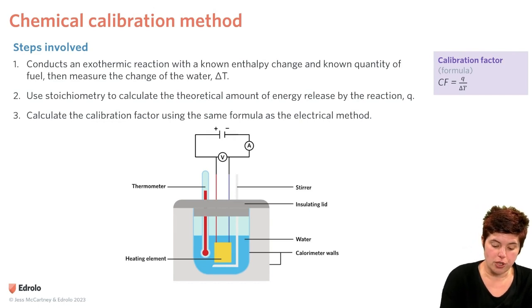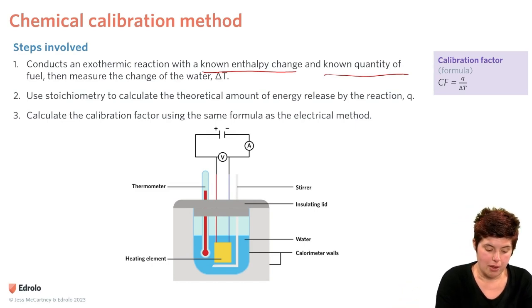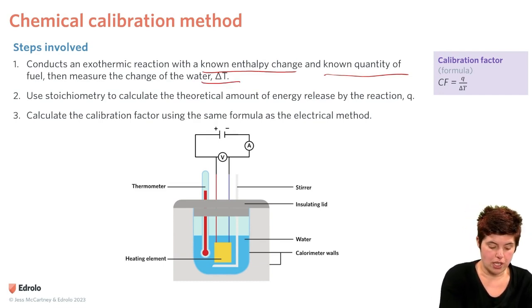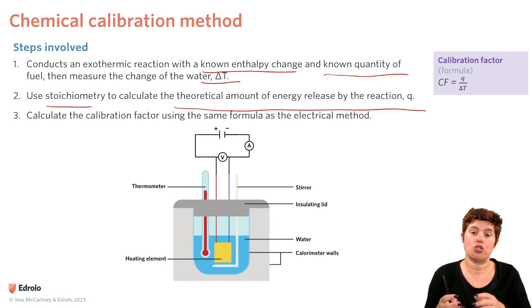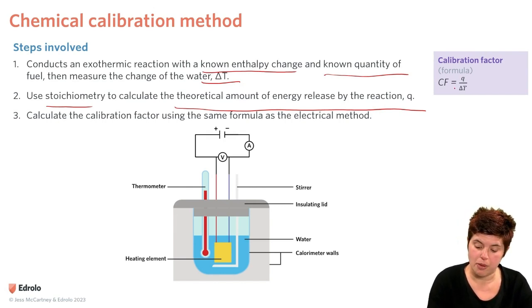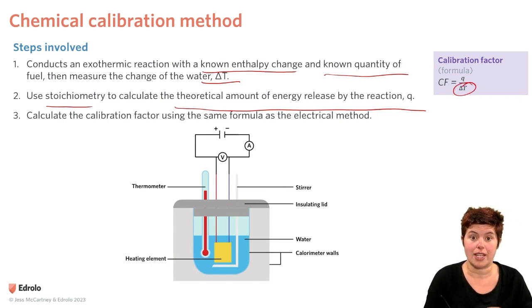Conduct an exothermic reaction with a known enthalpy and a known quantity of fuel, and measure the temperature change of the water. Then use stoichiometry to calculate the theoretical amount of energy, how much energy should actually be supplied to the calorimeter. Then calculate the calibration factor by dividing that by the temperature change. Similar to before, we calculate how much energy should be supplied, then divide it by how much the temperature actually changes.